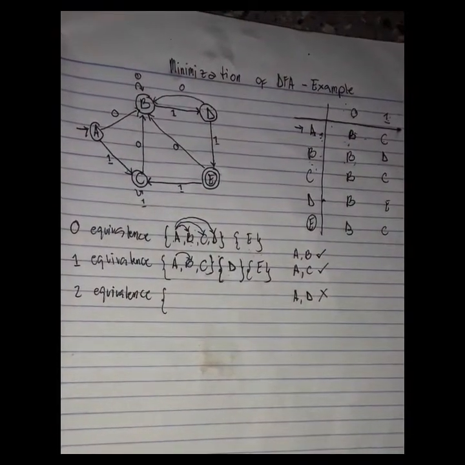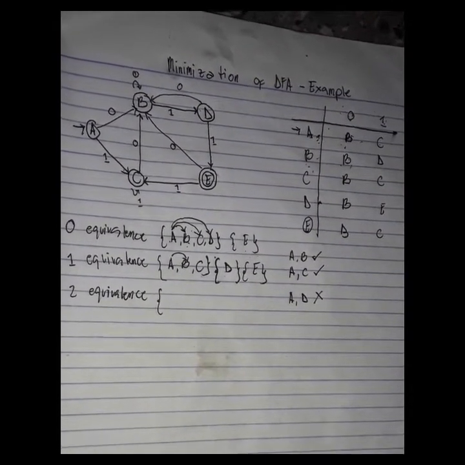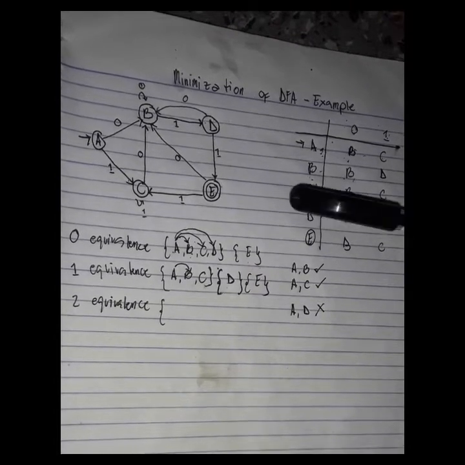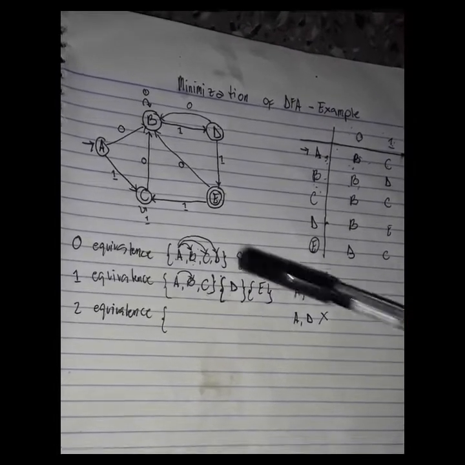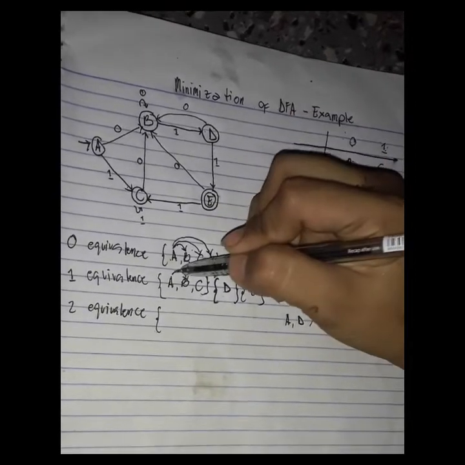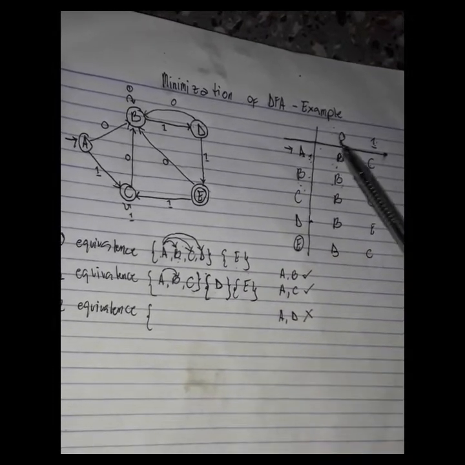Okay, so here we're going to discuss about the second equivalence. So in order to find the second equivalence, you have to check in the first equivalence. So we have to check the A and B. So the 0 input of A goes to B. They're in one set. And the 0 input of B goes to B. They're in one set. Okay.